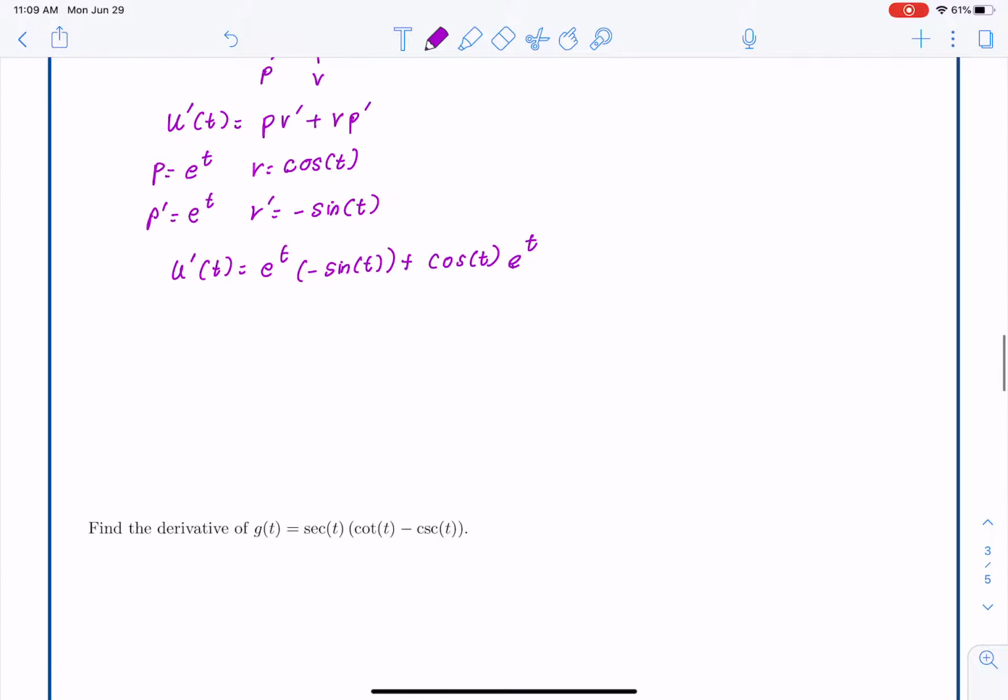We have e raised to t in common, so if we pull that out, e raised to t would come out and we would have negative sine t plus cosine t, which I'm going to rewrite this way. I don't like to start with something negative, so cosine t minus sine t.